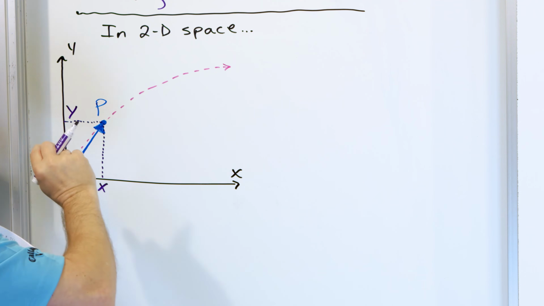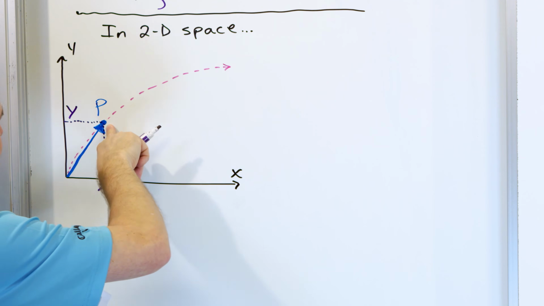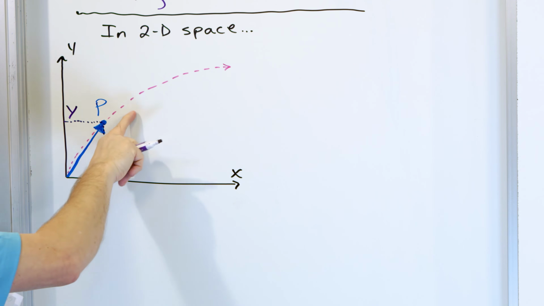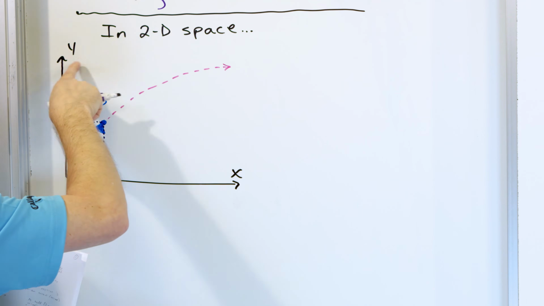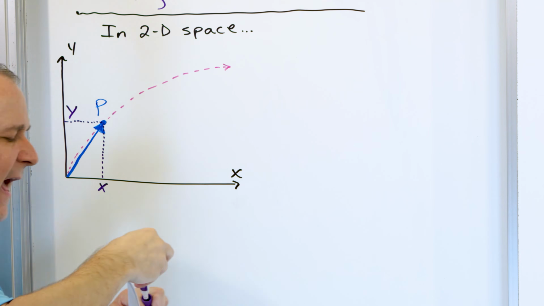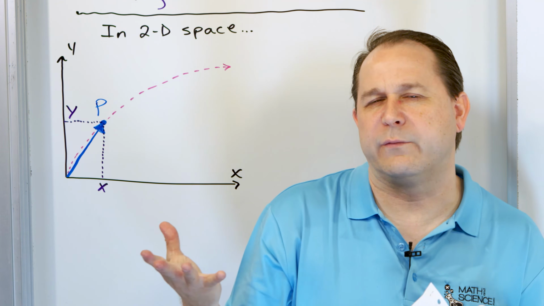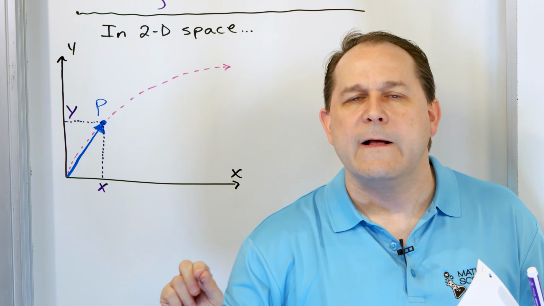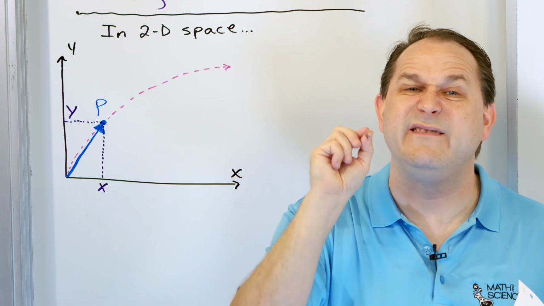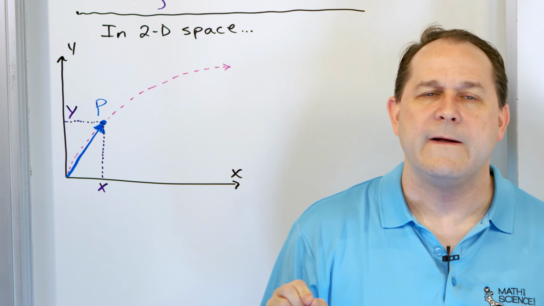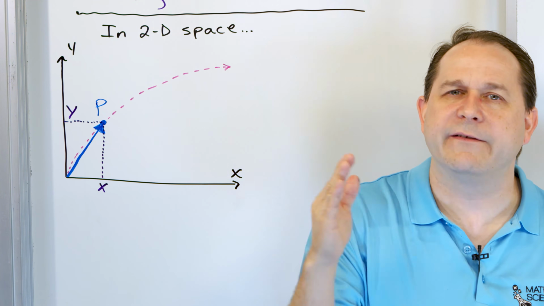So at this point in time, the coordinates might be X is equal to 2, Y is equal to 3. And then over here, when the ball is here, the coordinates might be X is equal to 5 and Y is equal to like 7 or something like this. And if you could see the coordinates with your mind, as you start the clock, the ball is going to trace out a path, and at every moment in time, it'll have a different set of XY coordinates that'll be constantly changing as the ball moves.